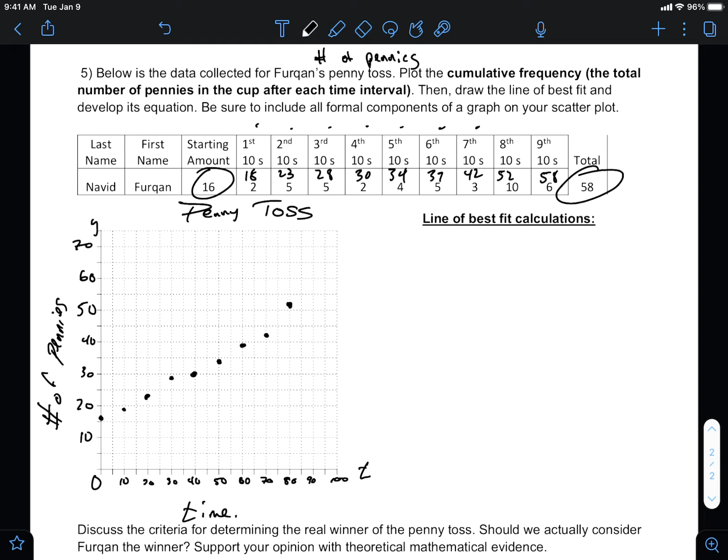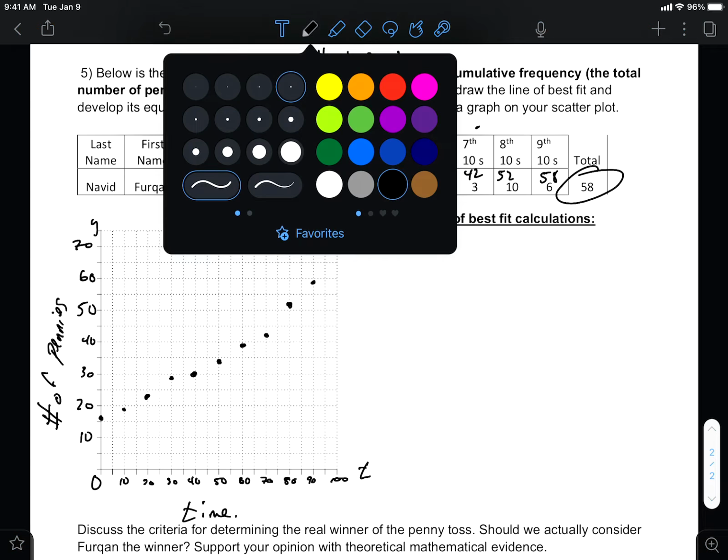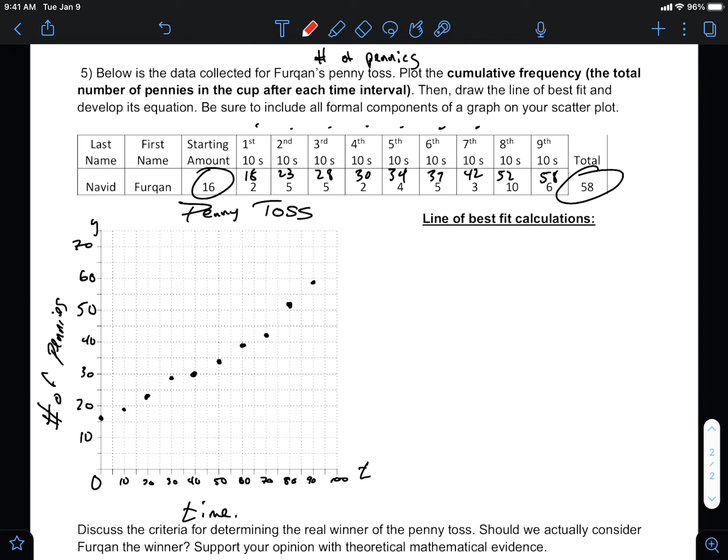All right. Once you have your data points drawn, draw the line of best fit. When I drew my line of best fit, it came out something like this, in this neighborhood.